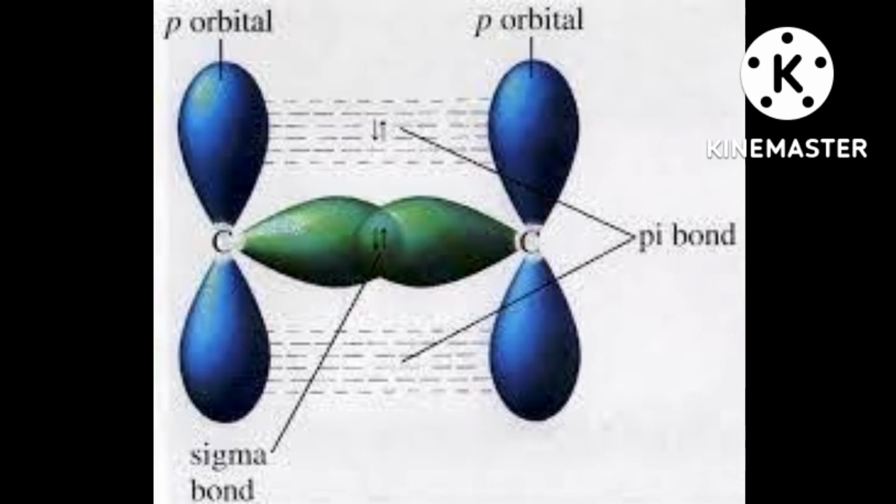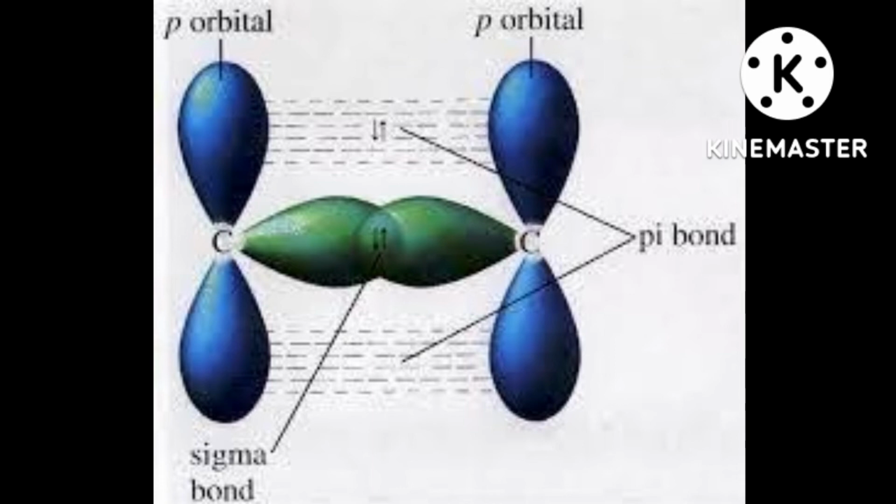Then the third thing is zero overlapping. Zero overlapping means both are not able to overlap, the conditions are different. Just like p and p orbital, and s and s, both can overlap, but they can't overlap in both the upper lobe and the down lobe.